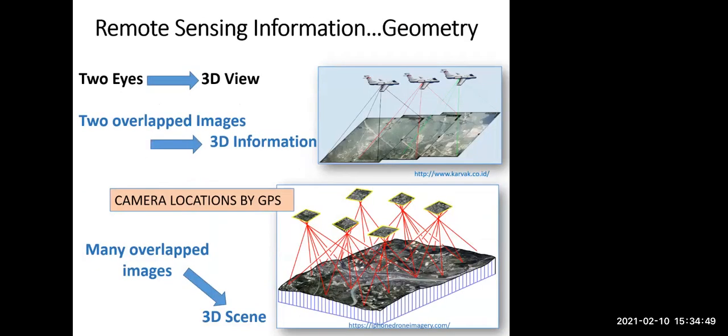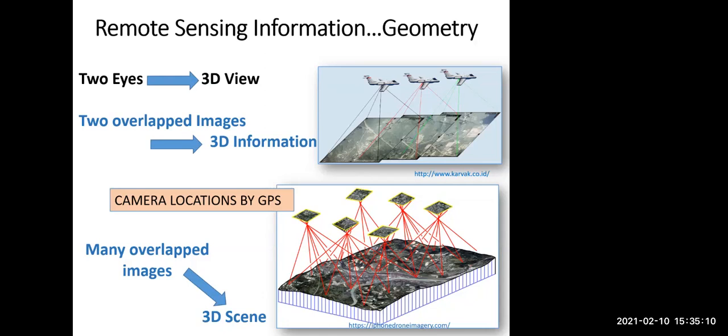We saw how to extract color information from the images. We can also use the images to extract geometrical information, like the size of the objects in the image, the size of the plants. We use the same principle that we see with our eyes for three-dimensional objects.